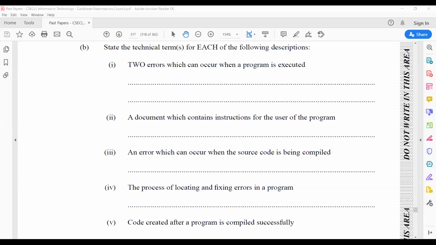Now, what is referred to as the code created after the program is compiled successfully?